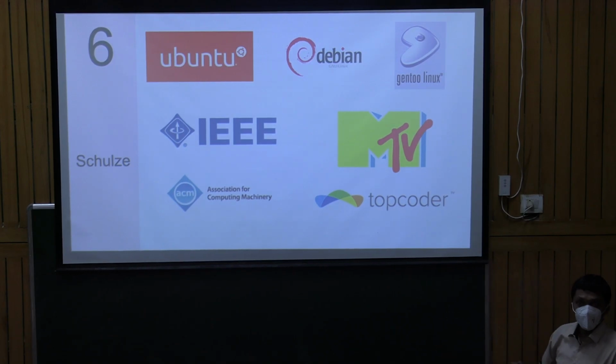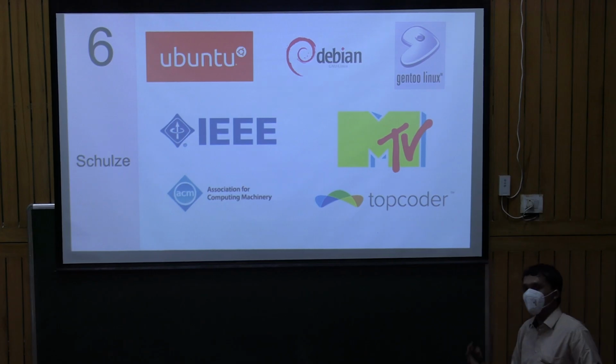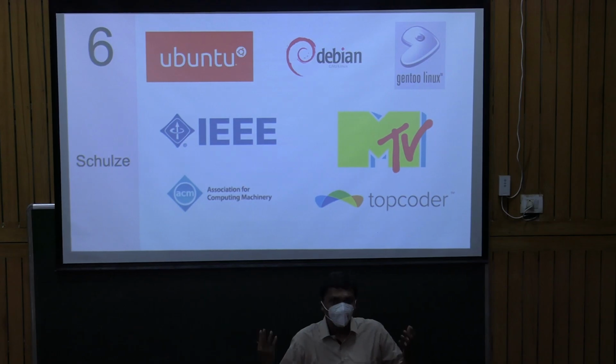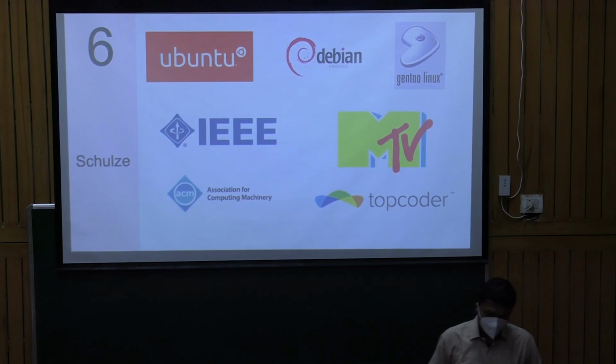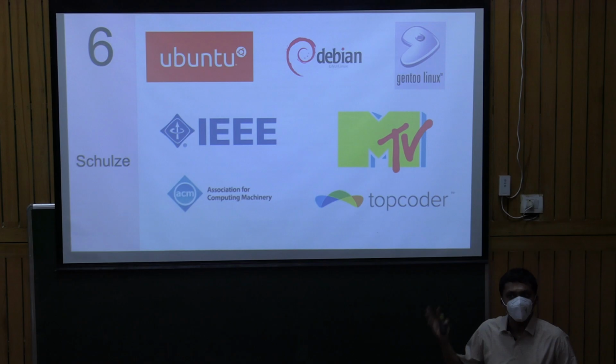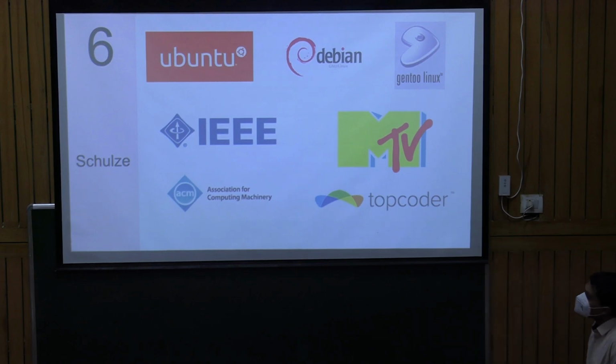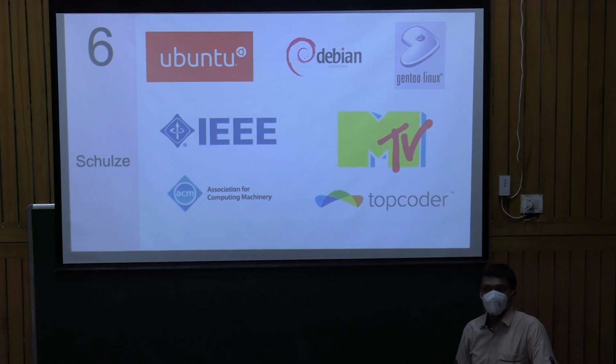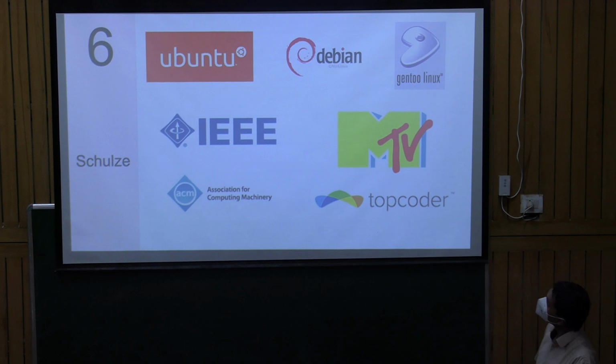It's used by Topcoder. And interestingly, it was also used by MTV at a certain point to decide which music videos to show. So maybe some social choice theorist found a job at MTV. I don't know. But what you will notice is that Schulze is not used in legislative elections. Think about why.